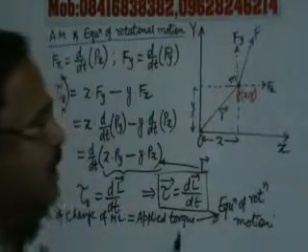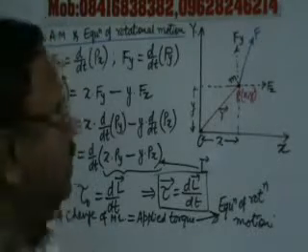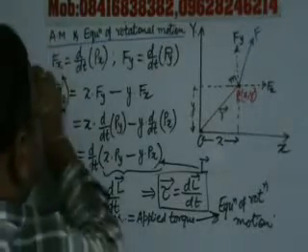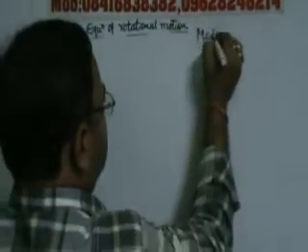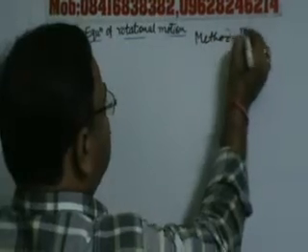Now alternately we can derive it in a second way also. This is method 2.